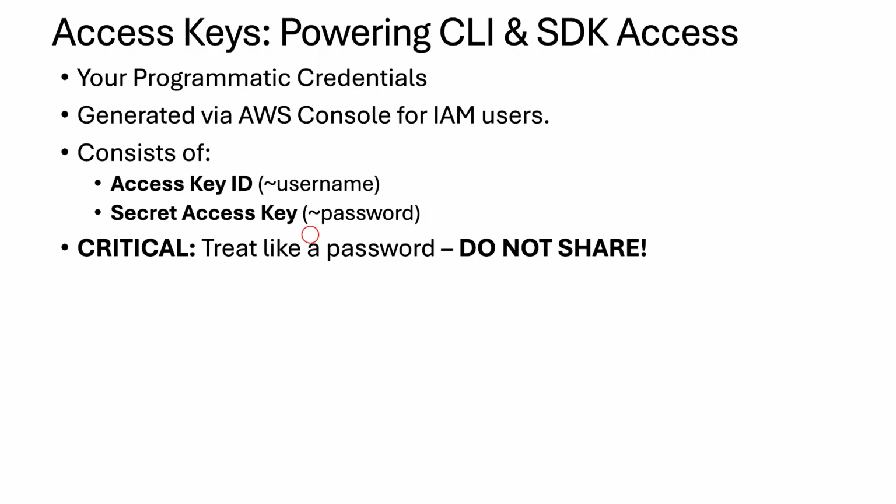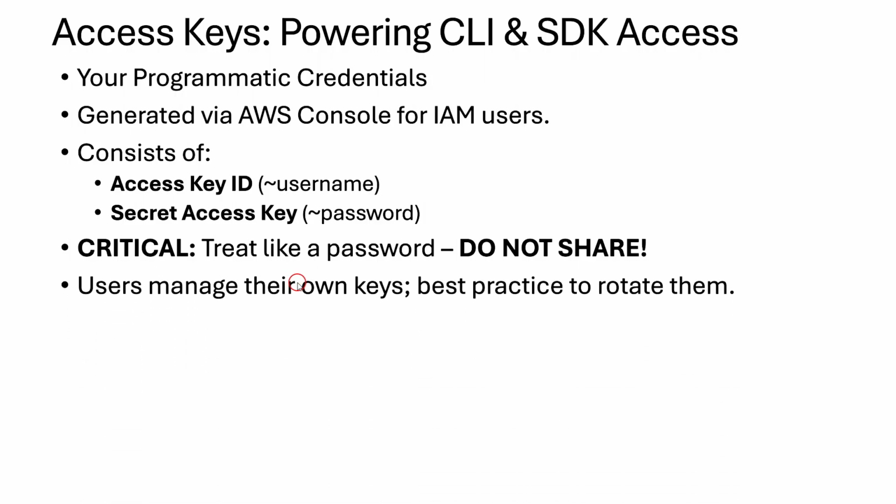And just like passwords, access keys are secret. Never share them and never embed them directly into your code or public repositories. Users should manage their own access keys, and best practice involves rotating them regularly. These are as good as usernames and passwords, right?